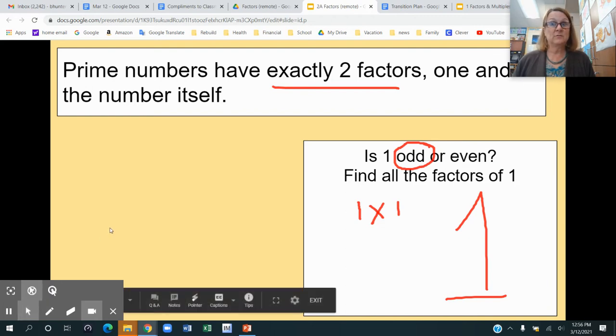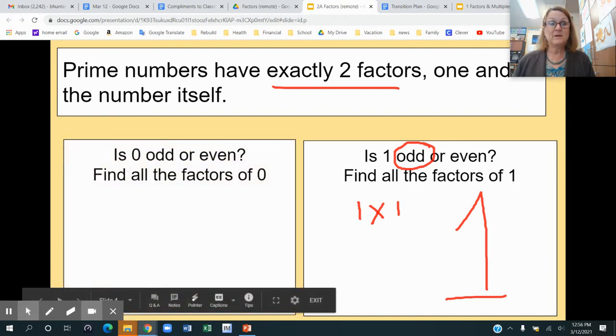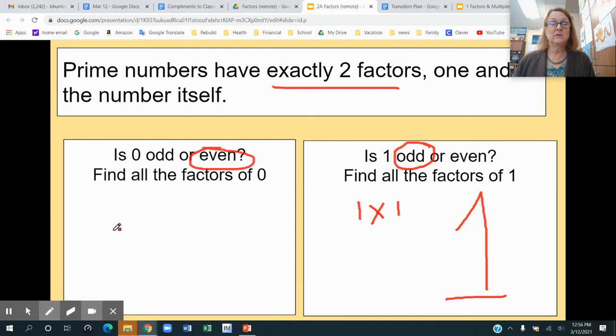How about this interesting number? What about 0? Now we know 0 is an even number. Let's find the factors of 0. 0 times 0 is 0, right? 0 times 1 is 0.